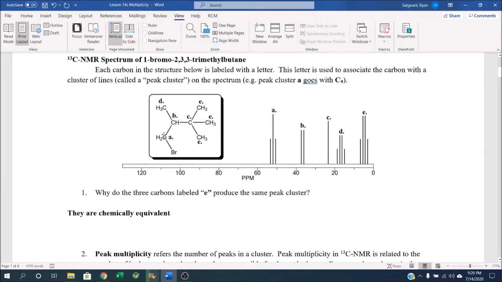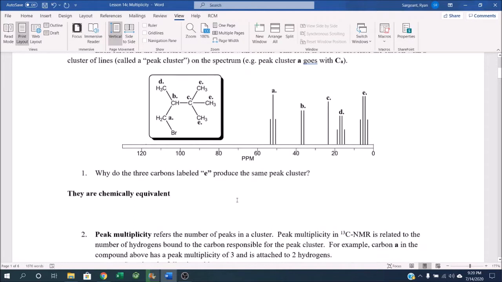Those atoms that are furthest away from the bromine, the carbons that have the most electron density, because they're over here just grazing contentedly on their electron density associated with the hydrogens, are going to be more shielded and have a lower shift value, still relative to TMS. So we still use TMS as the reference standard in C-13 NMR spectroscopy.